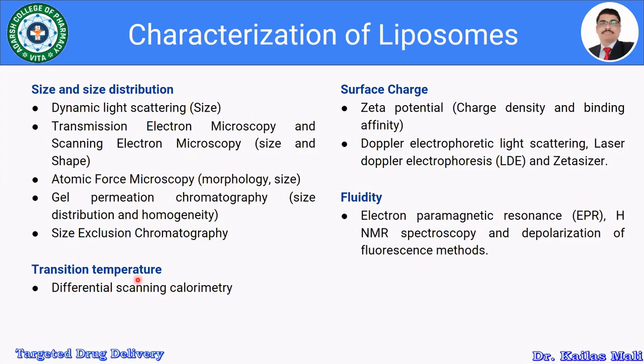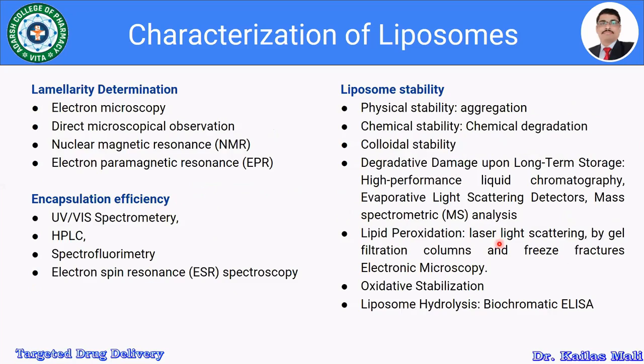The transition temperature is obtained by using differential scanning calorimetry, while the surface charge is determined by using zeta potential and Doppler electrophoretic light scattering, or laser Doppler electrophoresis (LDE), or the zetasizer. The fluidity of the liposomes can be determined by using electron paramagnetic resonance (EPR), or 1H NMR spectroscopy and depolarization of fluorescence methods.